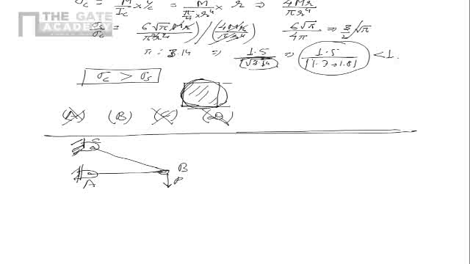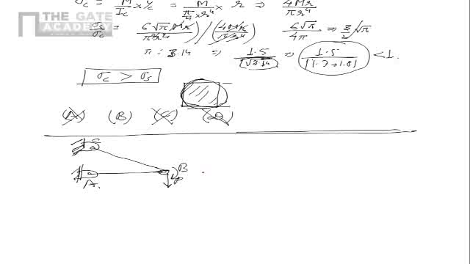So what are the options in this arrangement? Option A: bar AB is subjected to bending, but bar BC is not subjected to bending. Wrong, because both bar AB and bar BC cannot sustain a bending moment.